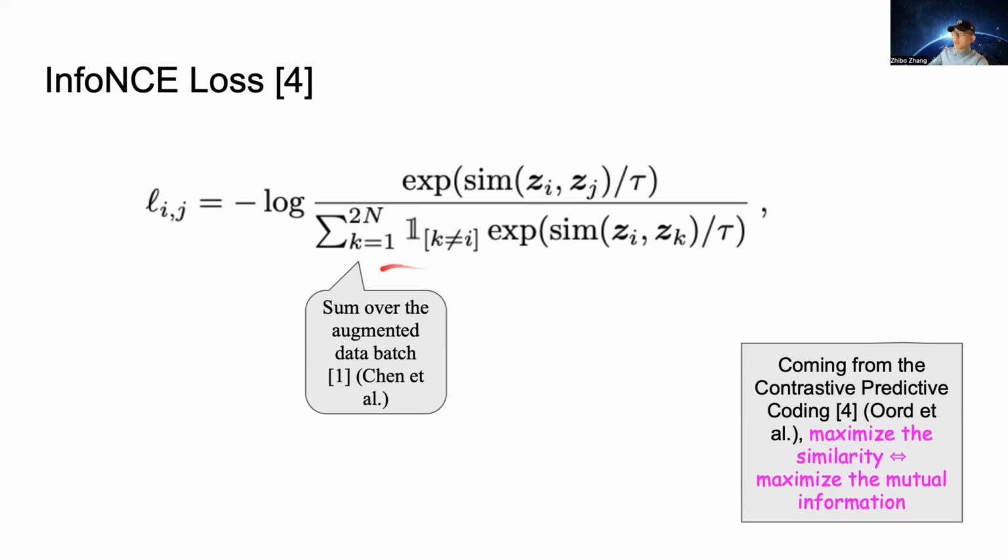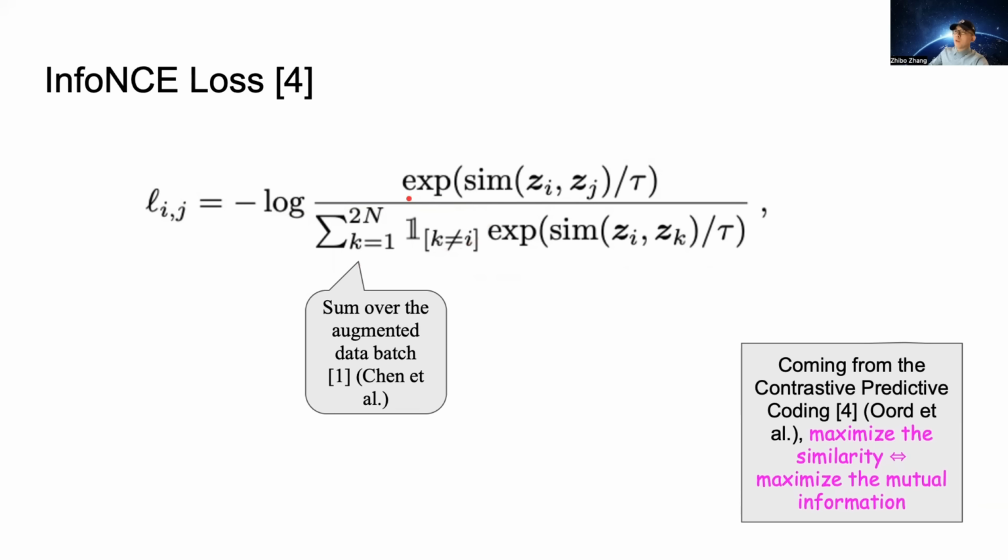So basically, sum over all of them. For the rest of the instances that are not similar to the instance I, the loss also encourages the similarity value of them to be small, right? Because if the denominator is smaller and the numerator is larger, then this loss is going to be smaller.